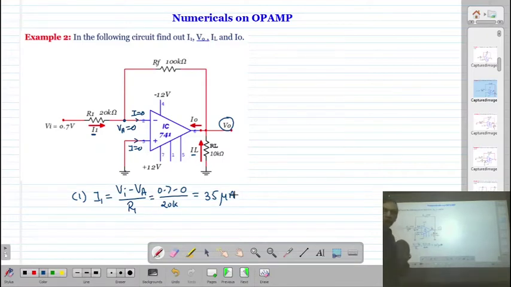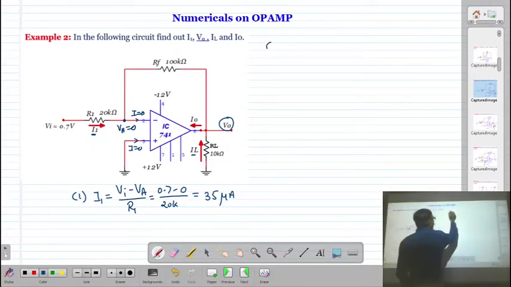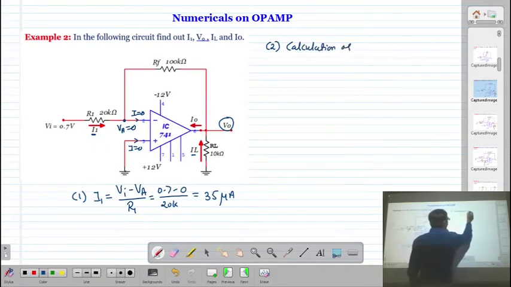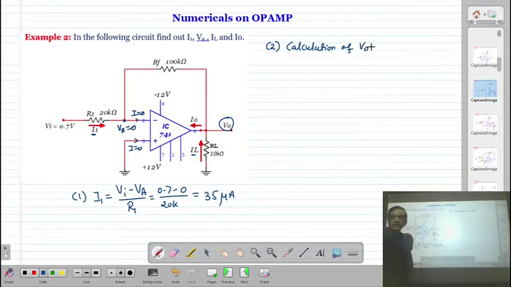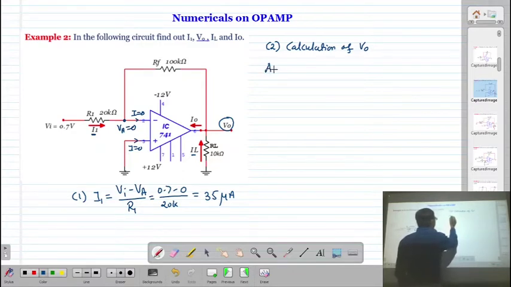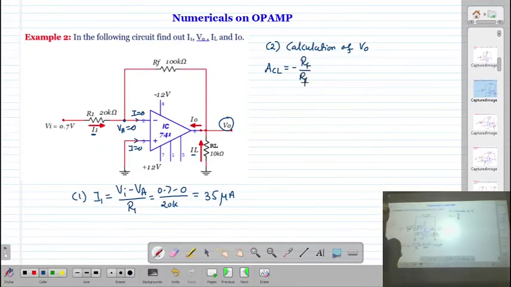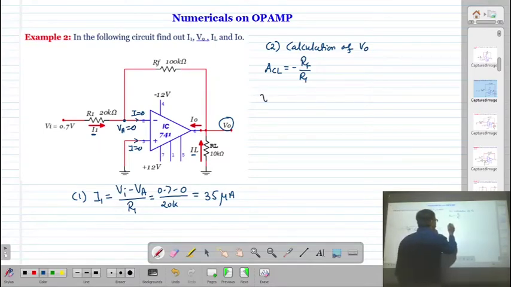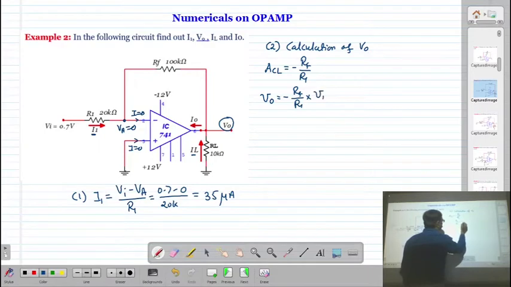Right? Now we will calculate the output voltage. To calculate VO, you should know the gain of the amplifier. Here the closed loop gain ACL is given as minus Rf by R1, or we can say the output voltage is given as minus Rf by R1 into VI.